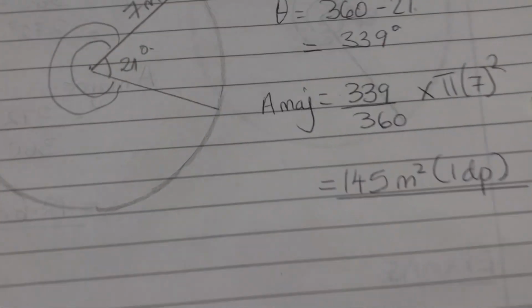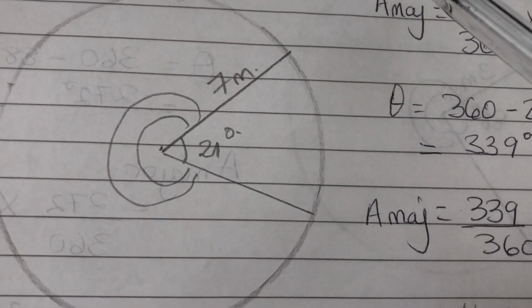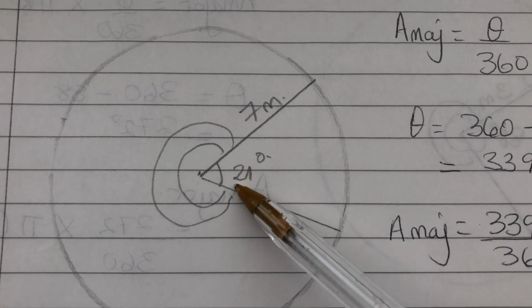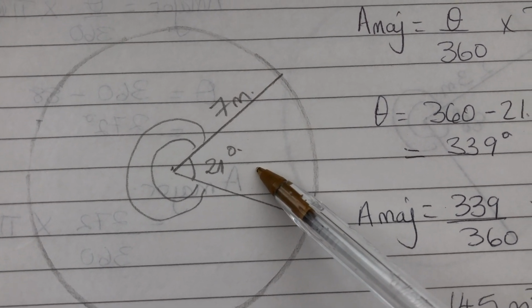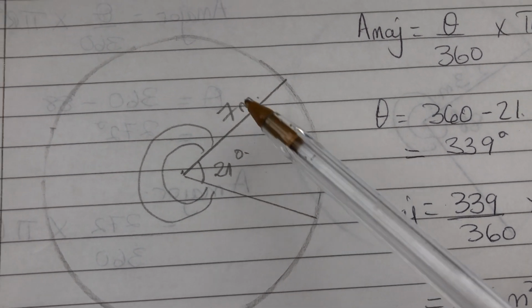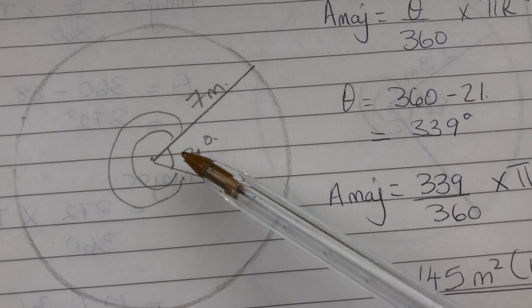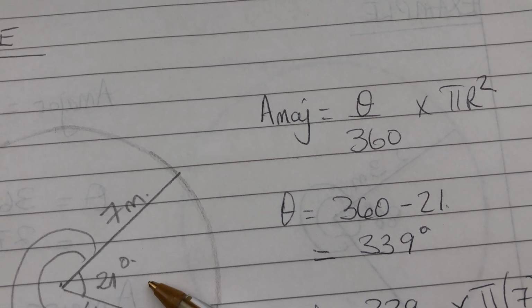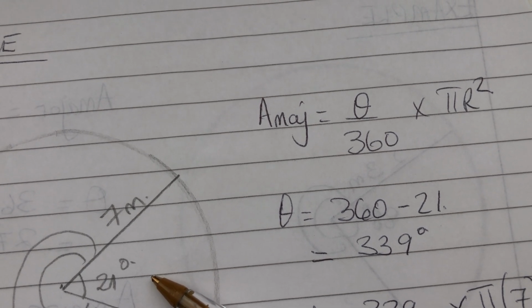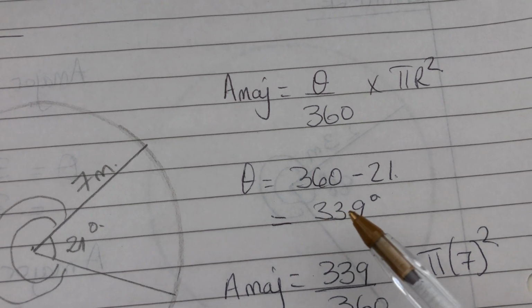Another example, we are finding the area of the major sector. Even though we've been given 21, all the diagrams today are not to scale, please. So this is the area we want to find. So here again, 360 minus 21 is 339.